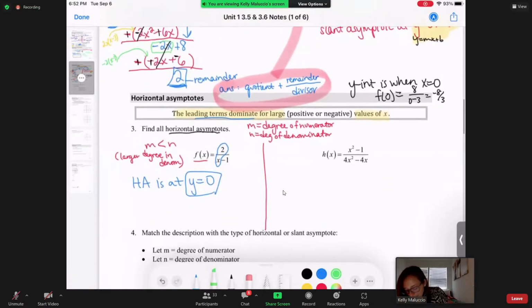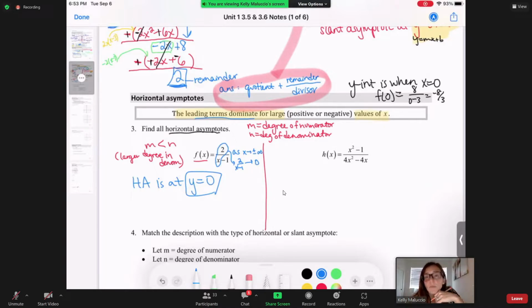This is the exact same thing. So as x goes to plus or minus infinity, this whole fraction, 2 over x minus 1, approaches 0, right? And 2 over x approaches 0, but x minus 1, like I said, is not making a big difference. So we're focusing on these leading terms. We're going to also look at the leading terms for the next one.